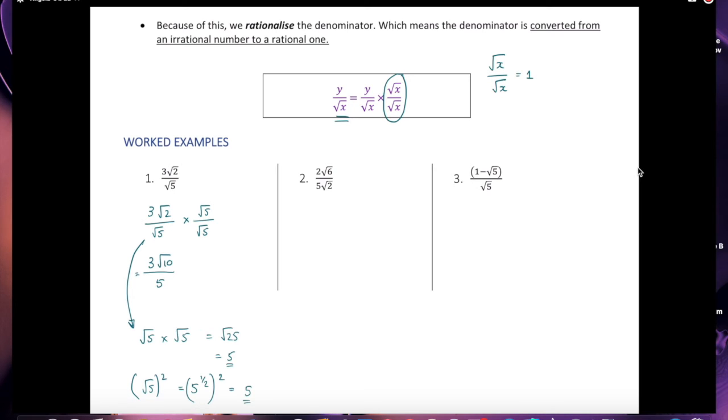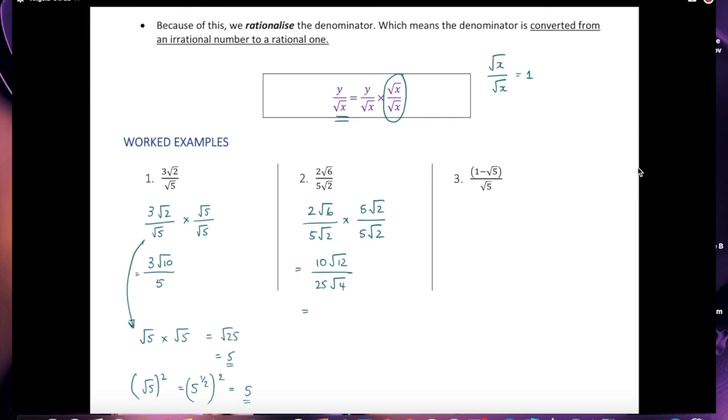Here I'm going to rationalize this surd as well. That's 5 root 2, and I'm going to rationalize it by writing 5 root 2 divided by 5 root 2. Here I'm going to simplify my numerator and simplify my denominator. Doing my numerator first, I get 10 root 12 on 25 root 4.